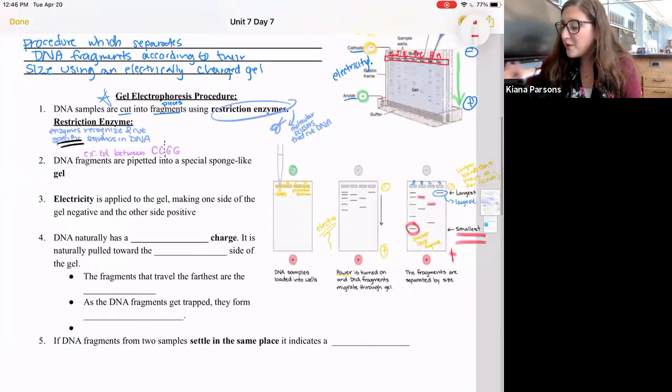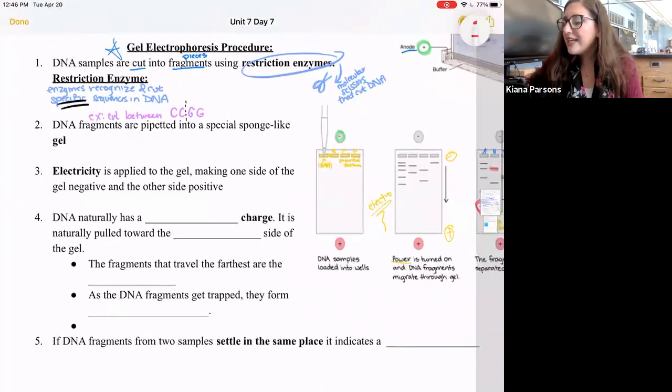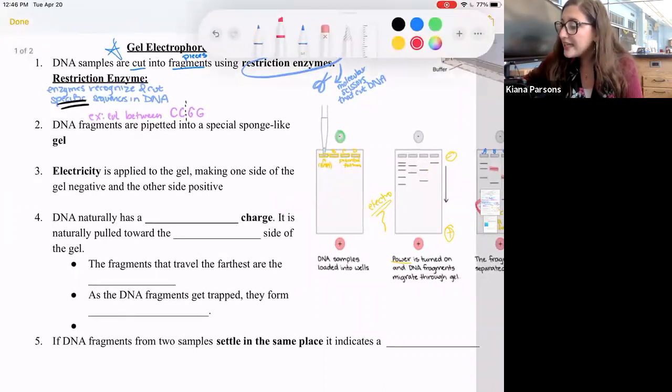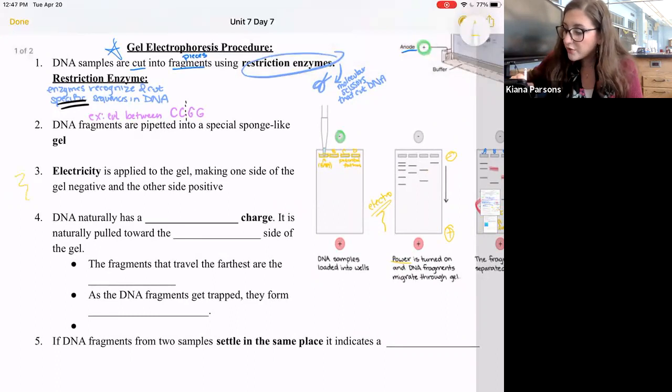So that was step 2, but we talked about really the whole process. Step 3 is electricity is applied to the gel. This is gel electrophoresis after all. That is a little lightning bolt. This is electric, making one side of the gel negative and the other side positive.